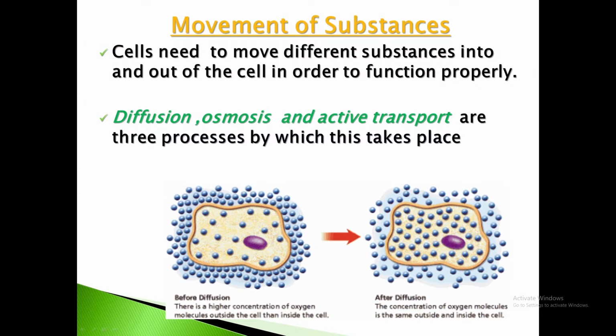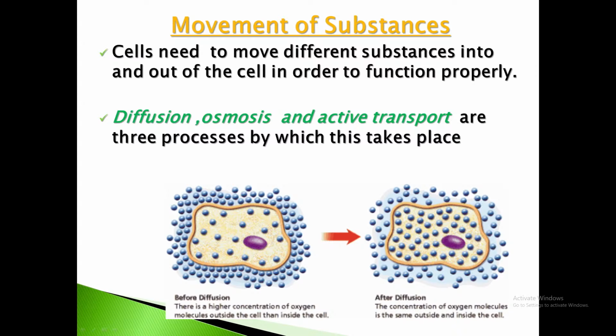Now, they are referring to the above statement which said that substances need to move in and out of the cell. So if I should pose a question where I'm asking you to give me the different processes that allow substances to go in and out of cells, then you should give me those three, which of course are diffusion, osmosis, and active transport.